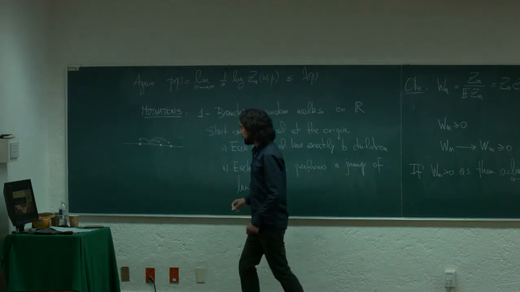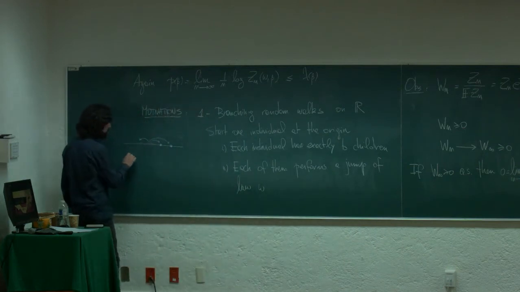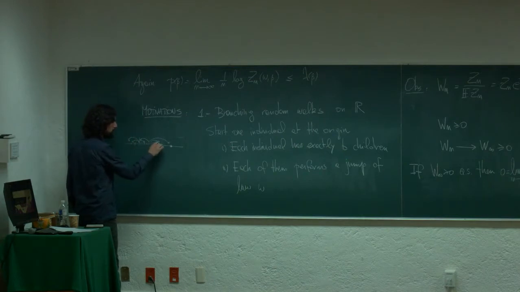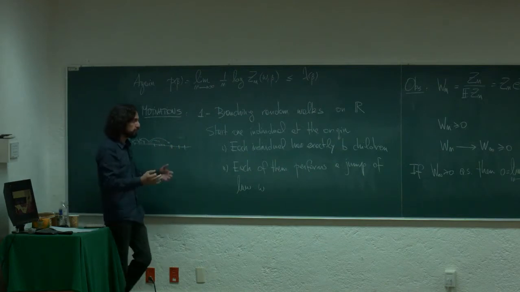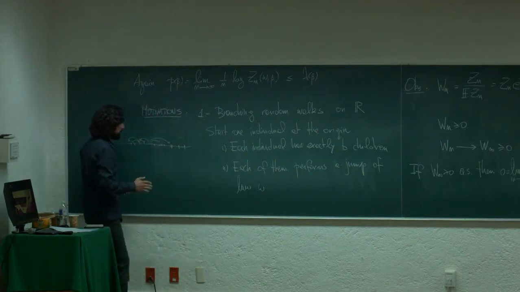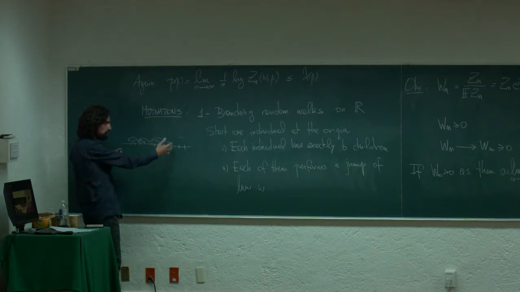Okay, so at the next integer time, this individual splits into 3 other individuals. So you have 3 particles here, this one and this one. So each time it splits, you just distribute the children at a random position relative to the position of the father.